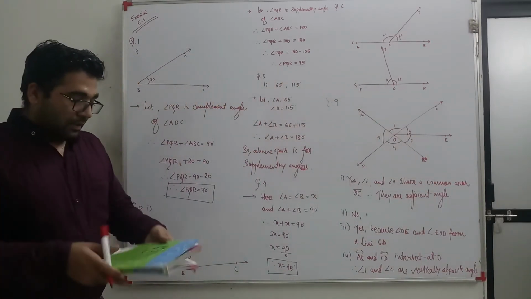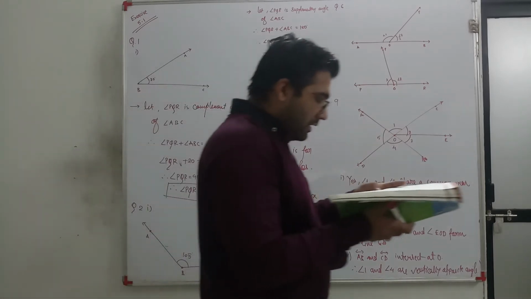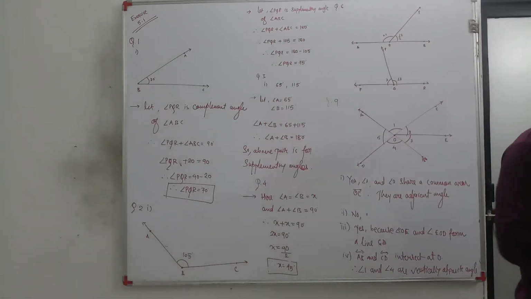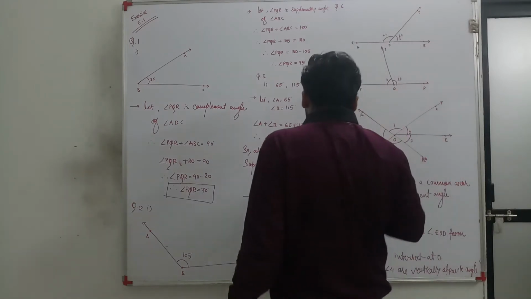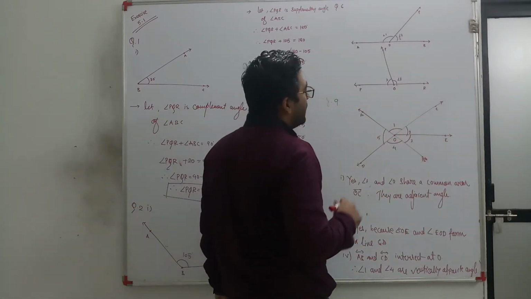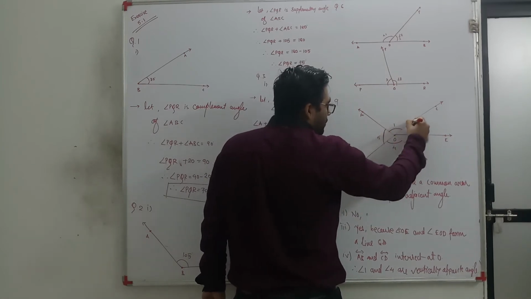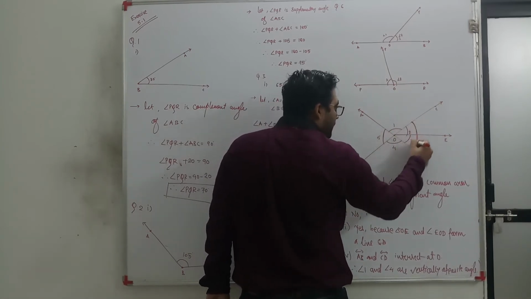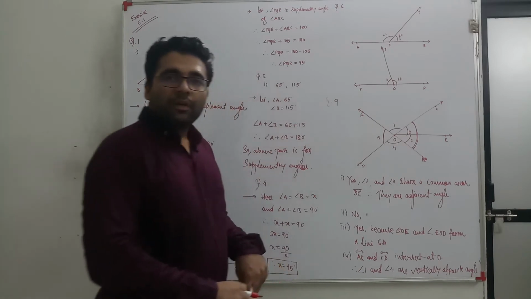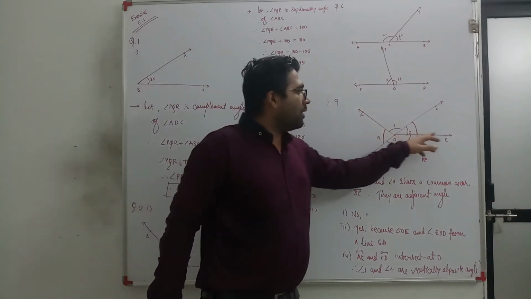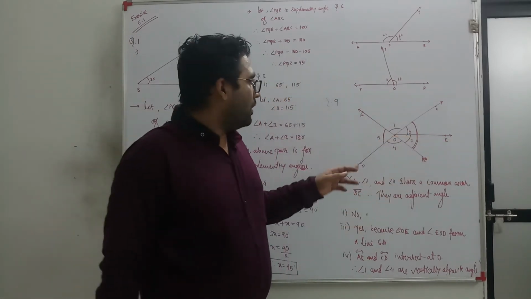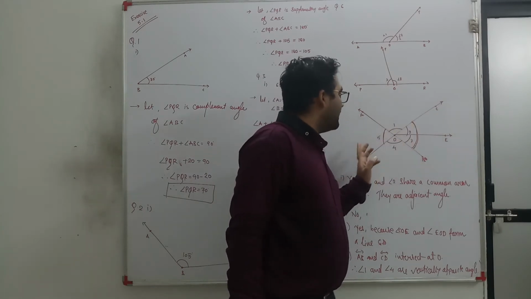Now, next question. What is the vertically opposite angle of angle 5? See here, how can you say the vertically opposite angle of angle 5? This one is angle 5. So this whole part is angle 5. Because OE is not a line, it is a ray, and we are getting the two lines AB and CD.